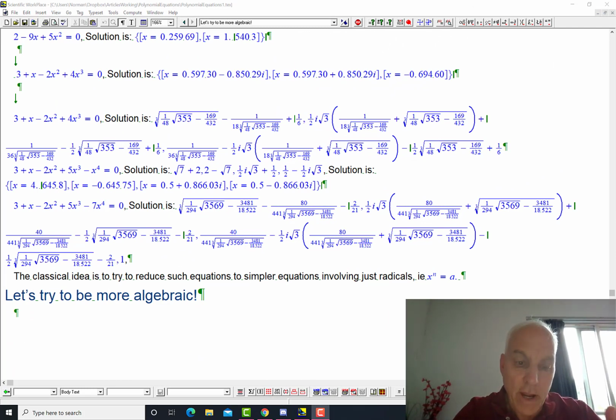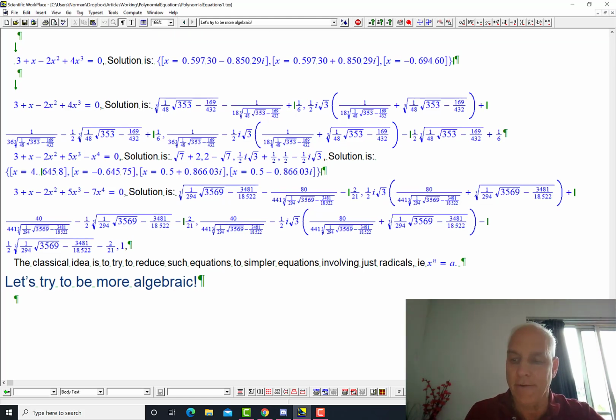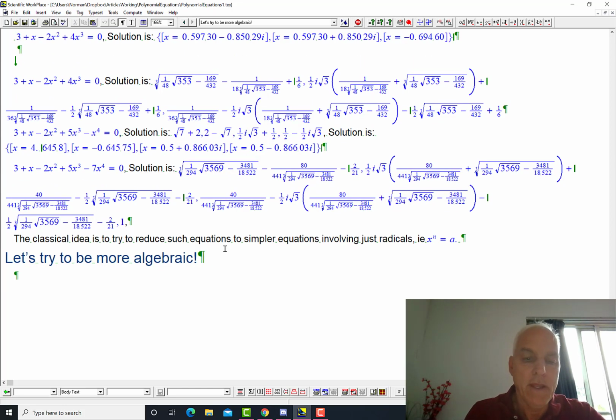All right, so let's try to be more algebraic. Okay, so we'll dispense with the degree 1 equation, and we're going to go to a degree 2 equation and see if we can think about how to solve a quadratic equation, maybe in a slightly different way. So let's look at a general equation. So instead of looking at particular numbers, let's look at a general quadratic.